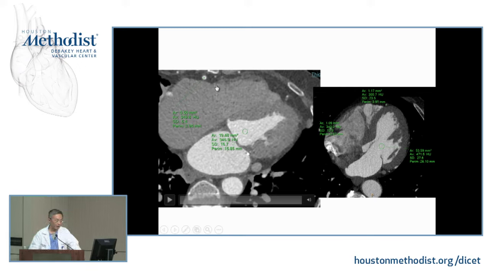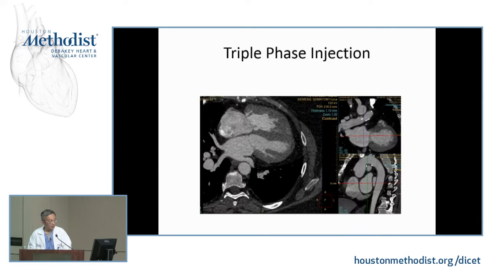If you have too much contrast in the right side, sometimes it can cause interference. I'll show you an example of it. So this is what you want. This is acceptable, okay? And probably for a certain condition, like when you want RV function, for instance, this will be enough for you to look at both the left-sided structures, the coronary tree, and the right-sided structures, okay?